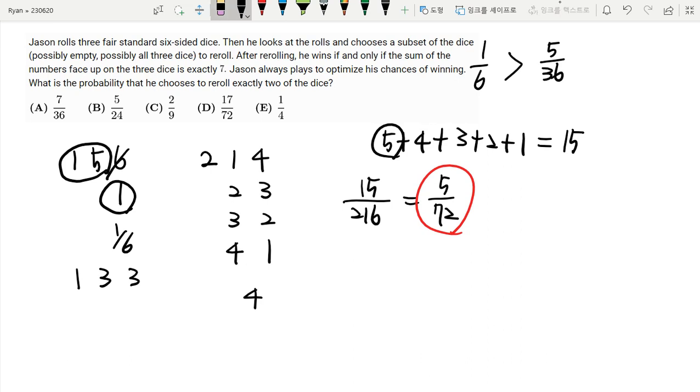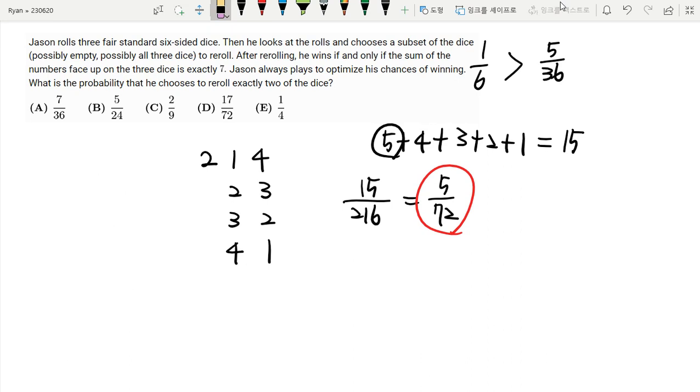So let's think of the cases. If any number in the dice is 1, the second die should be at least 6, because the sum should be greater than or equal to 7 if we choose to throw two dice. So this is an example.